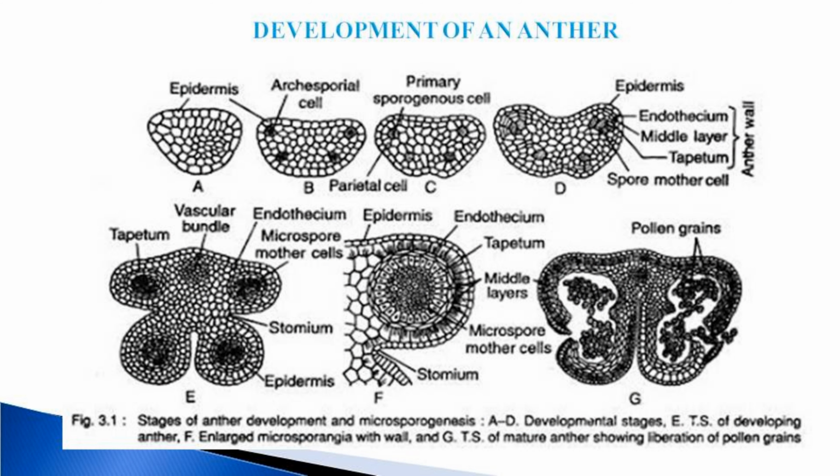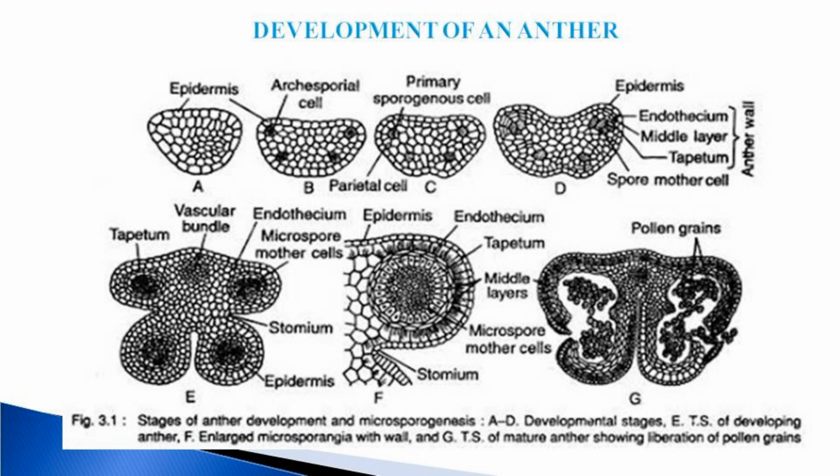Now once the structure and the development is clear to you, just go through the picture once again. Now you can understand it better. The picture A is representing the undifferentiated mass of cells which are turning into a four-layered structure.